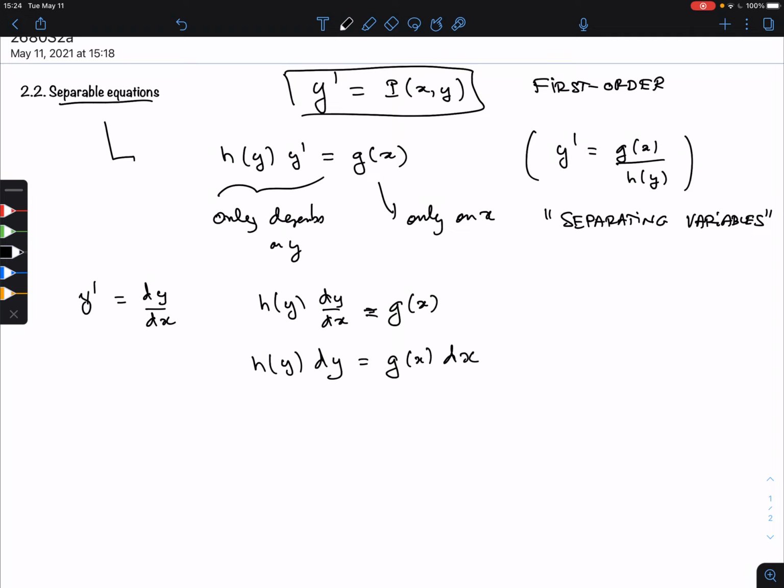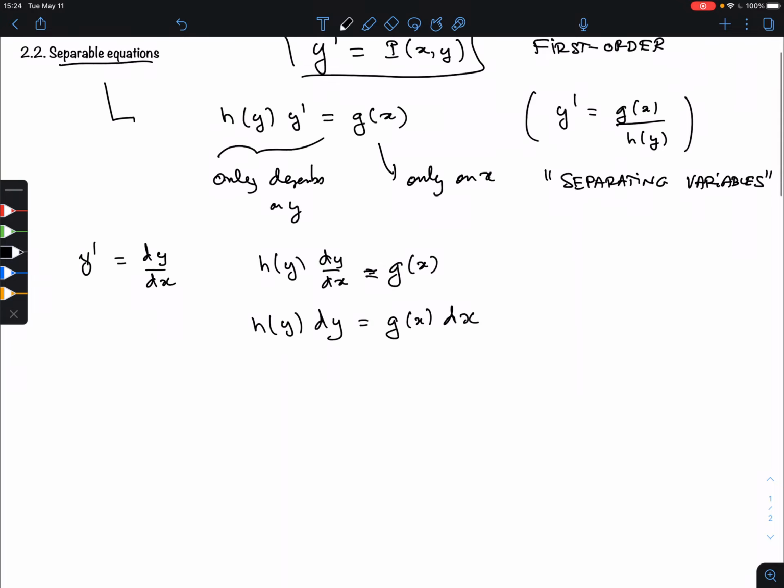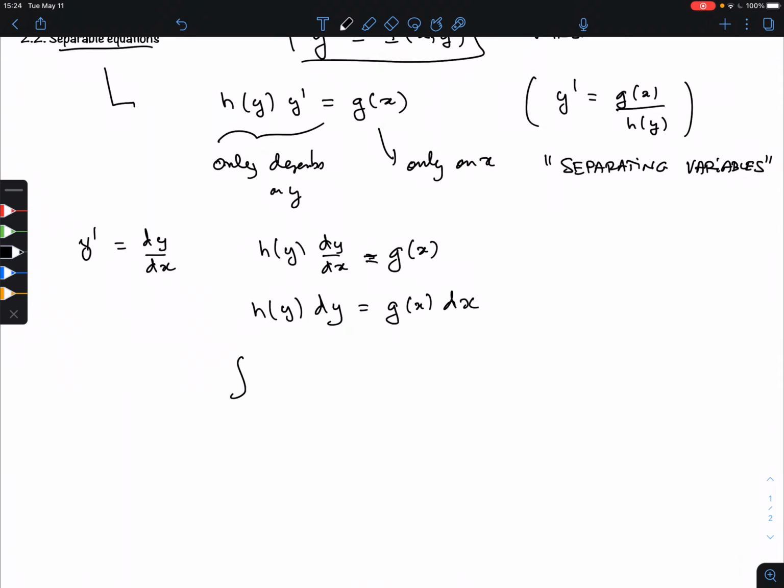On the left hand side I have a differential, and on the right hand side a differential. The left one only depends on y, the right one only on x. So what we can do is just integrate, on this side and on that side. And that's it. That's going to give us a solution.